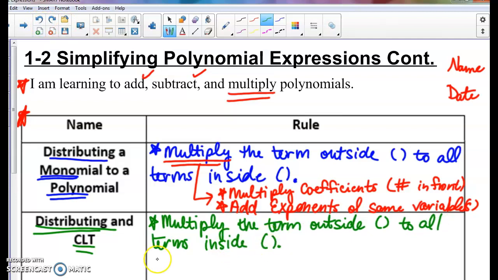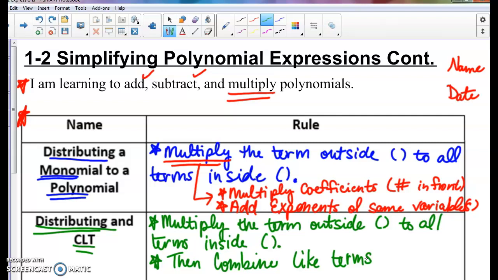And then our second step is then combine like terms. And remember, the last video we talked about combining like terms is to add or subtract the coefficients of those with the exact same variables with the exact same exponents.